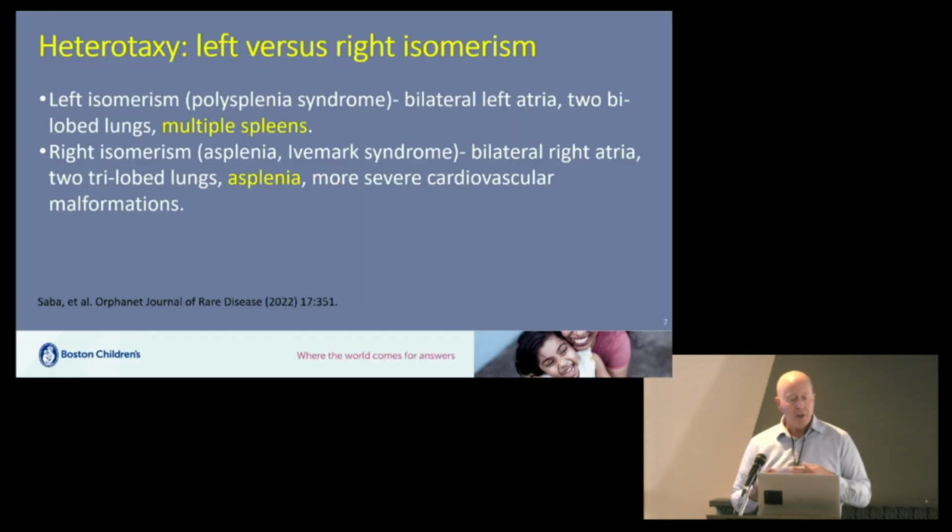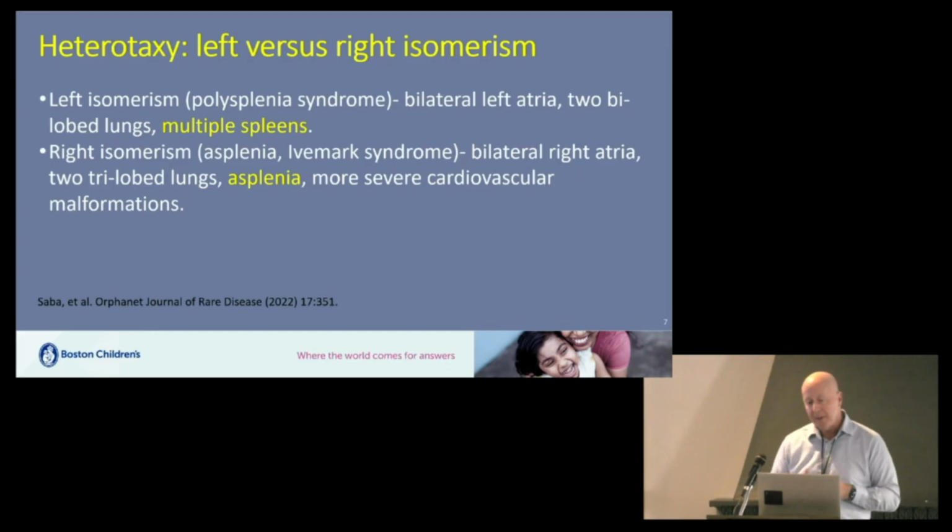In heterotaxy, as has already been discussed, the presence or absence of spleen tends to be associated with left versus right isomerism. Left isomerism is also referred to as polysplenia syndrome and is characterized by bilateral left atria, 2 bilobed lungs, and multiple spleens. And the question is, are those spleens functioning in a normal fashion?